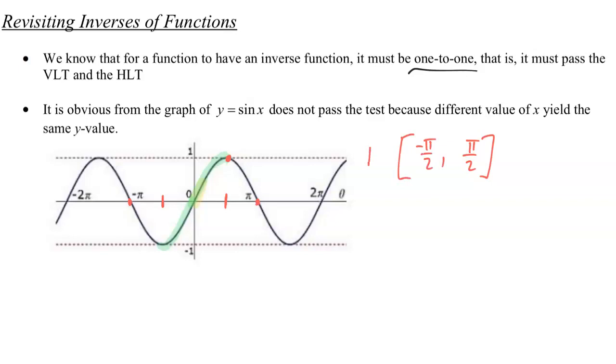And so if we restrict the domain of the sine function to -pi over 2 and pi over 2, that would still make the range what it normally is, which is -1 until 1. And now we're going to have a function that is 1 to 1 and therefore has an inverse.